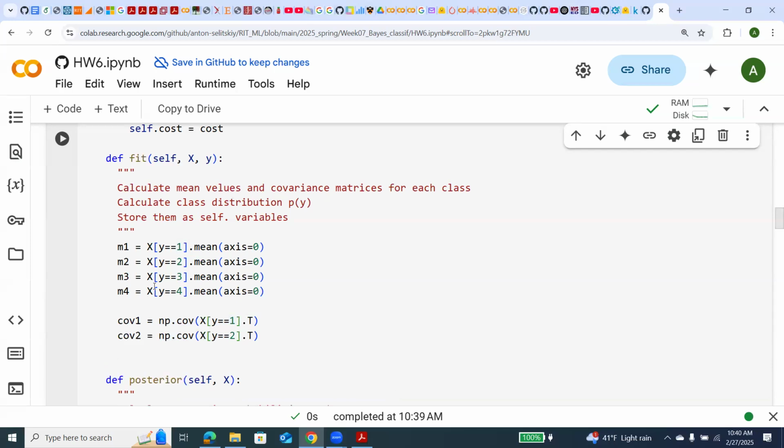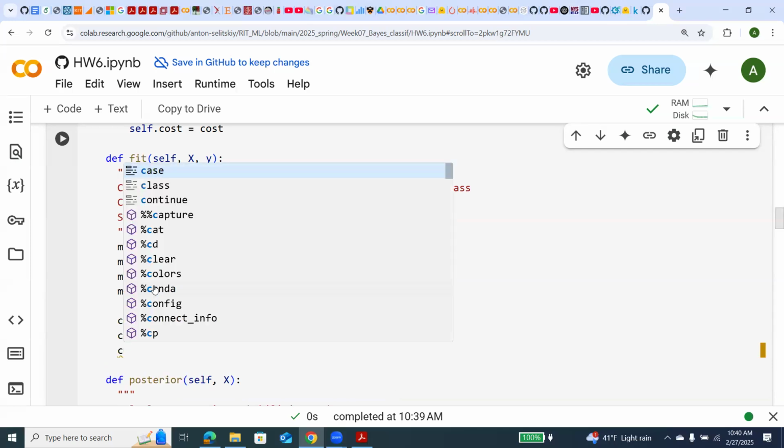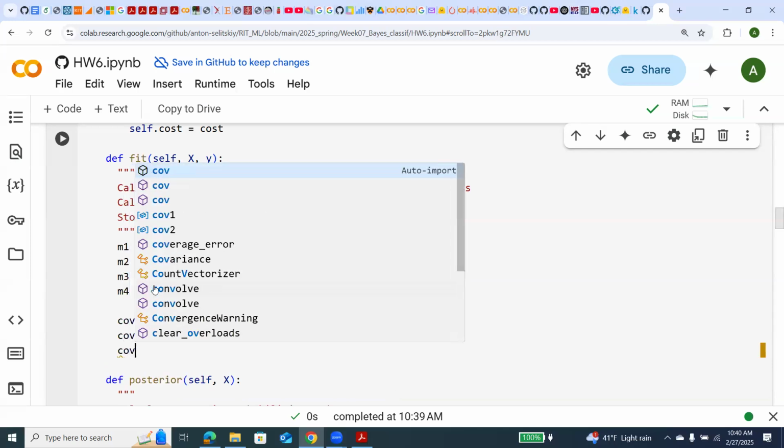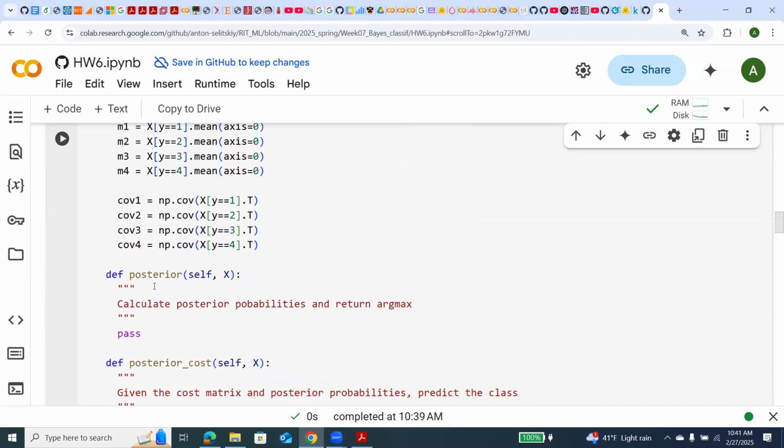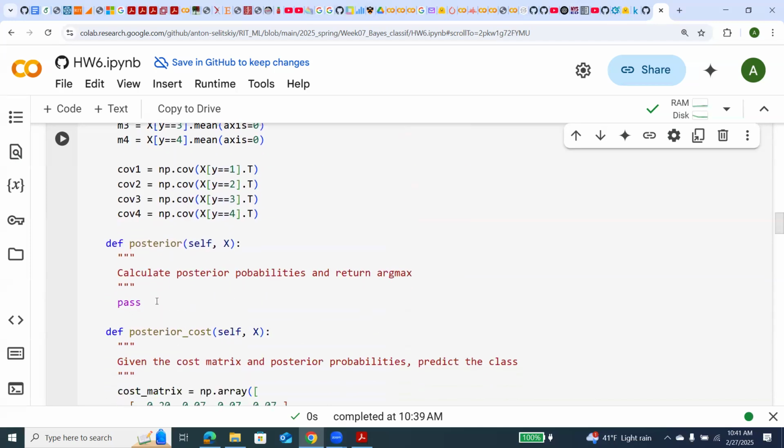And then we should calculate posterior exactly as we did in our problem solving.